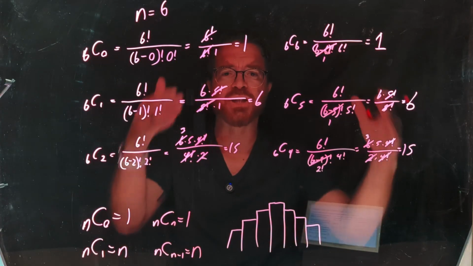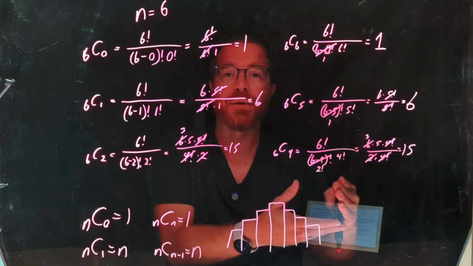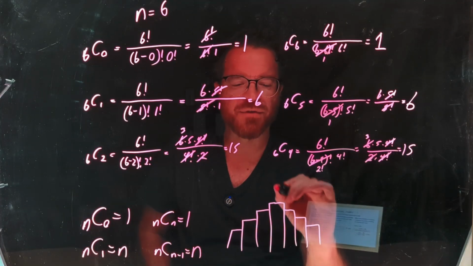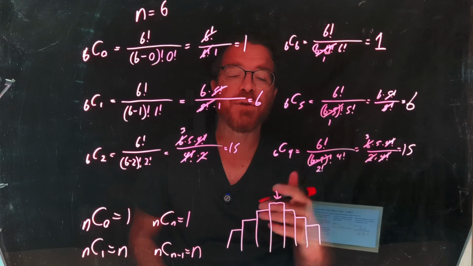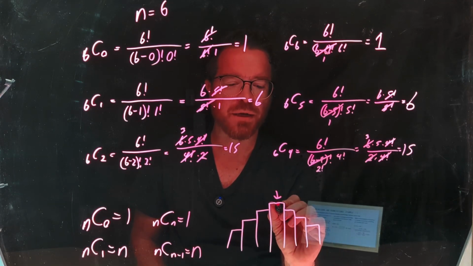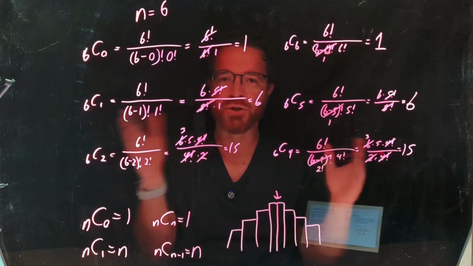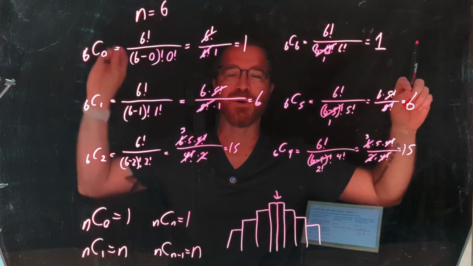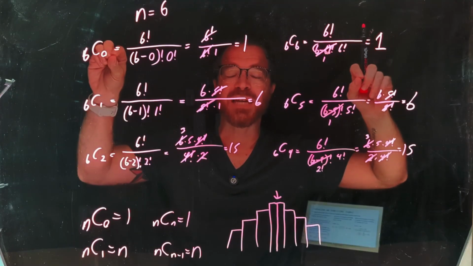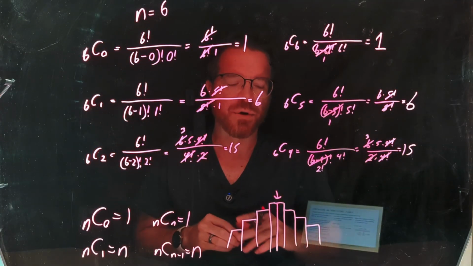And then from there, it just follows that every one that you go in will be the same value. The only exception to this might be that if you have a single center value, like if you have an odd number, this one will be different. If you have an even number, then it will be the same because it's going to be the same as the other middle number as you move inward. So you can kind of think of it as there's one way I can select 0 or n, there's n ways that I can select 1 or n minus 1 objects, and so on and so forth.